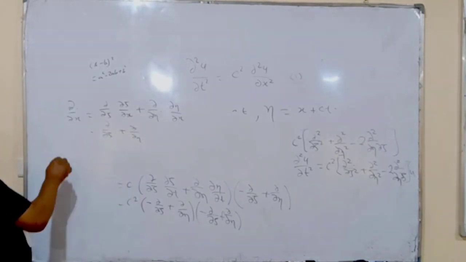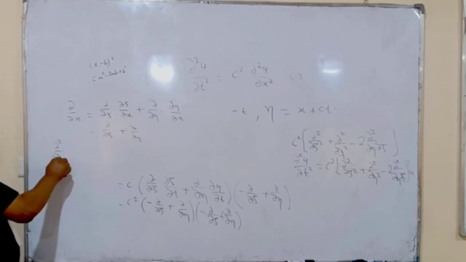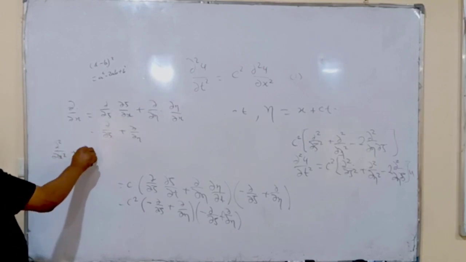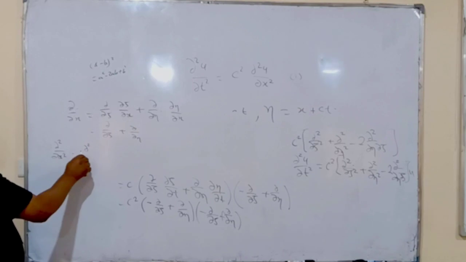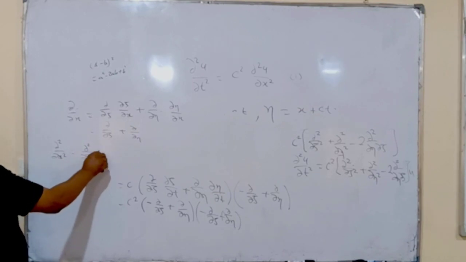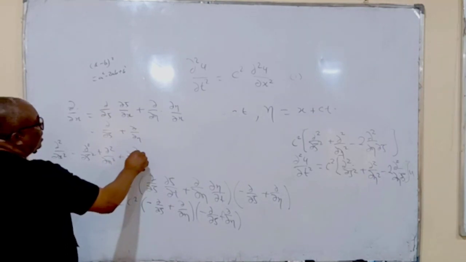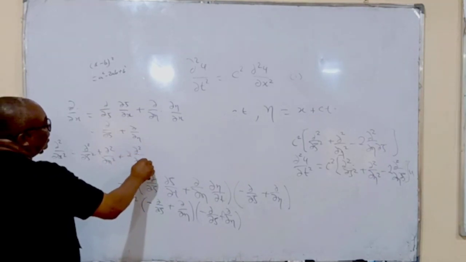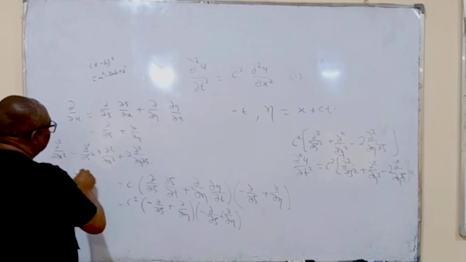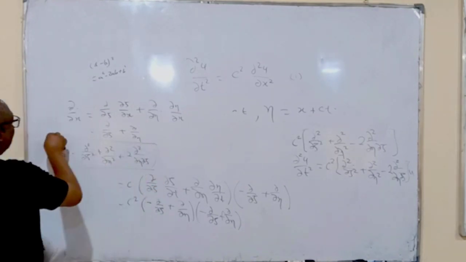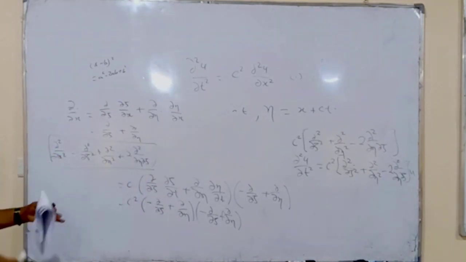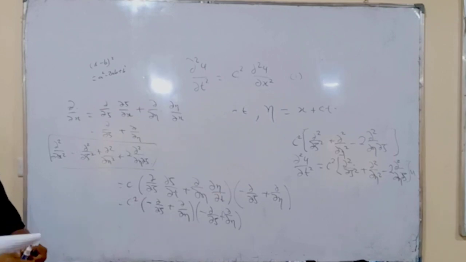And then if you take the second one, you're going to have partial 2 by partial ξ squared plus partial 2 by partial η squared plus 2 partial 2 by partial η by partial ξ. So that's exactly what we'll have for x. You combine the two of them together.